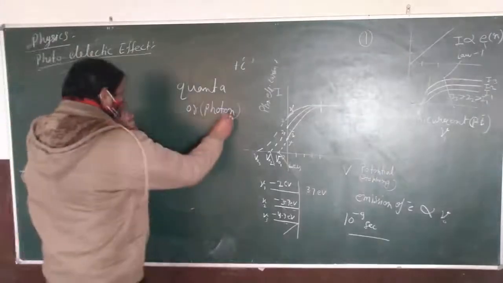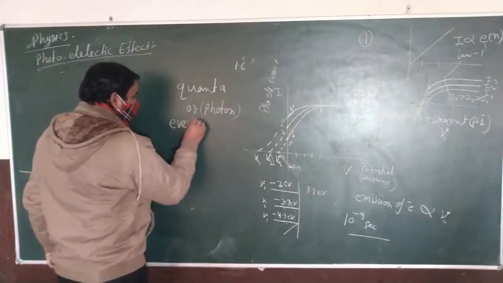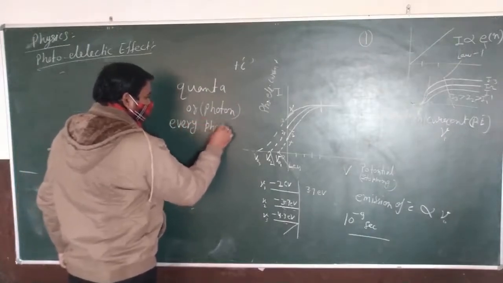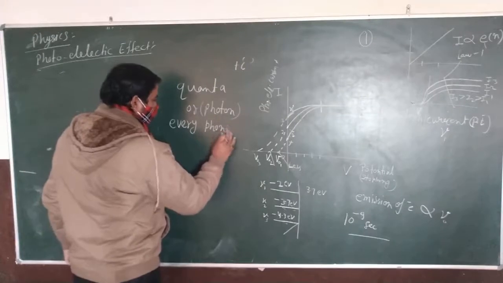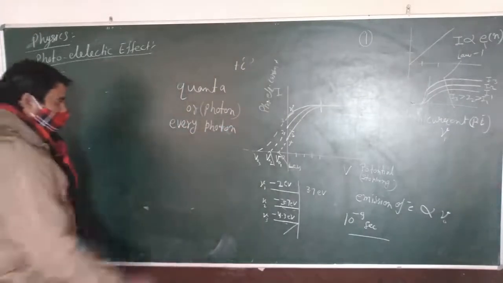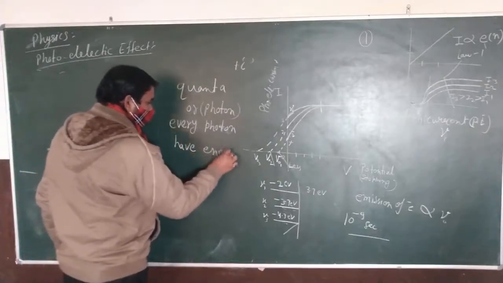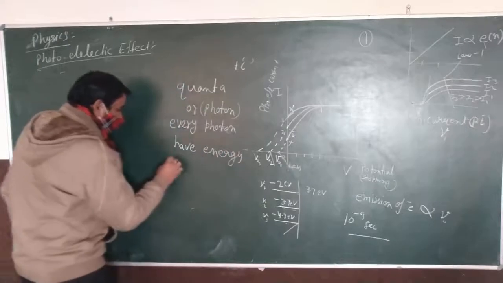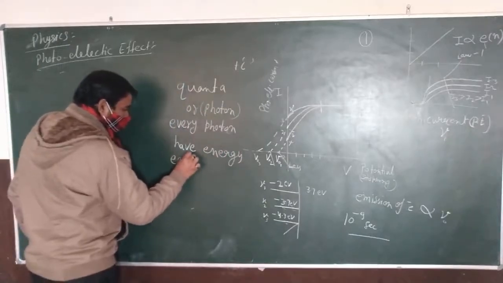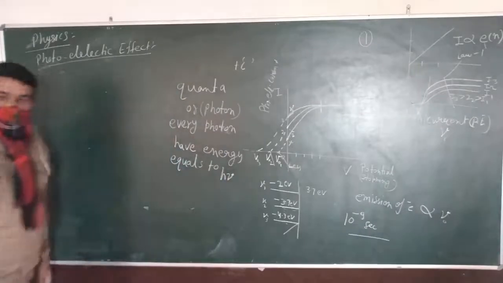Every photon, or quanta, has energy equal to h nu.